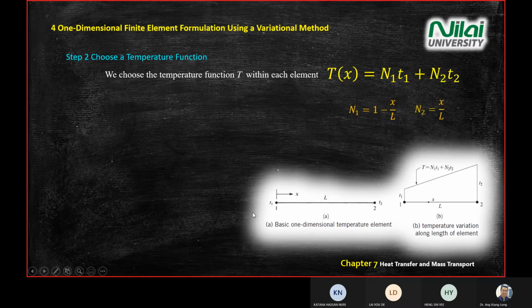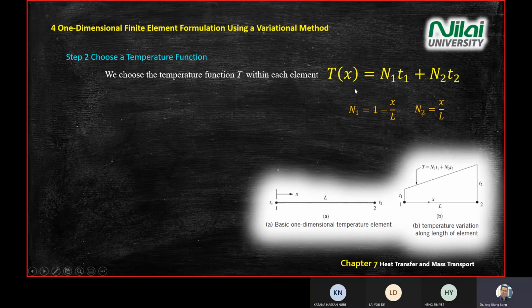Now the x here is the x location. For example, if your reference axis is at point 1, then at point 1 the location of your x is 0. If you apply this equation, your N1 value for point 1 will be 1.